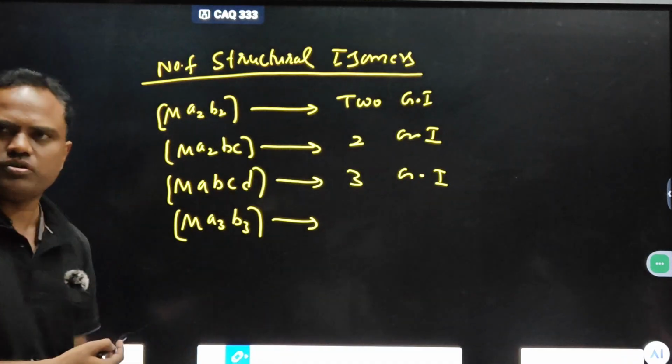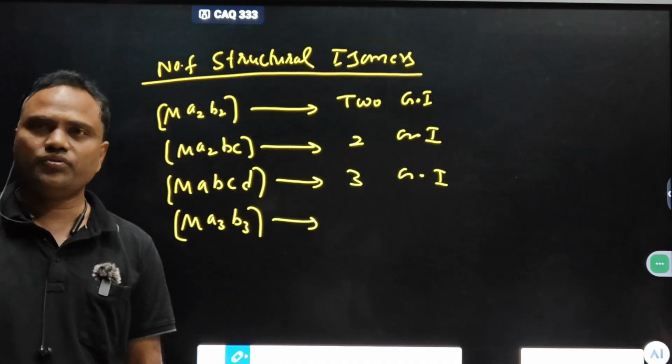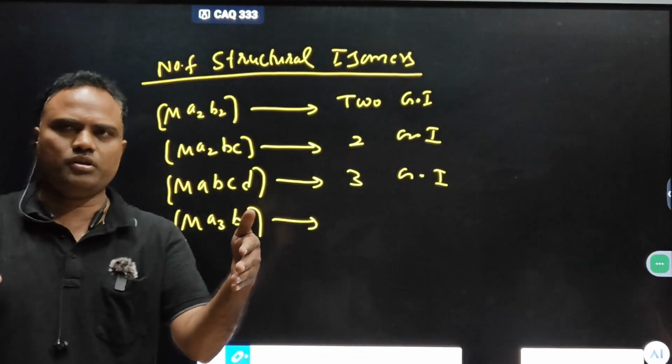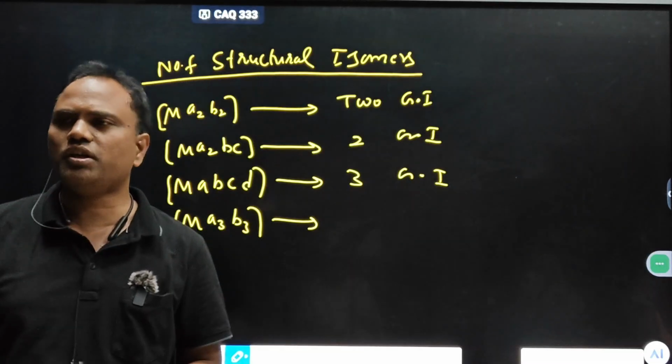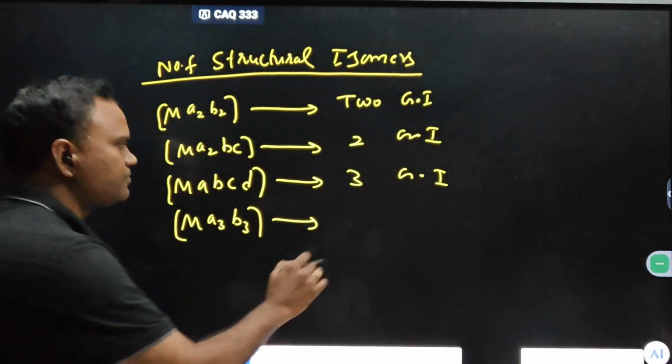Just now I gave Ma3B3, a special type. What is that special type? Facial and meridional. So how many? Like cis trans, facial meridional means two only. Similarly, facial meridional, two.